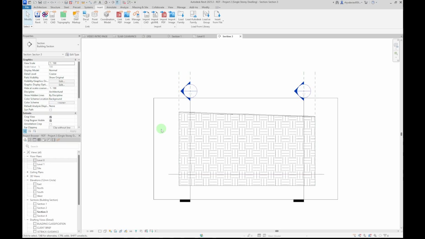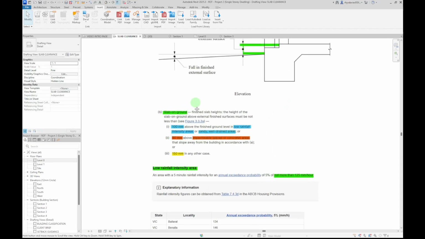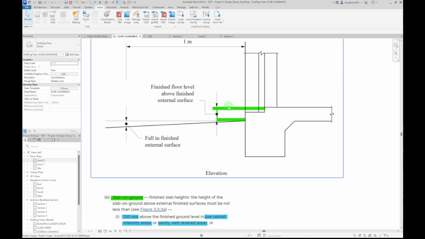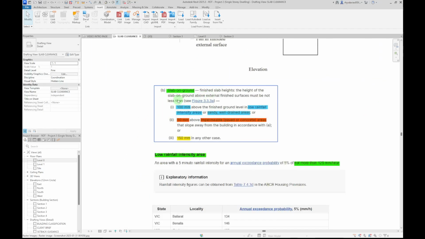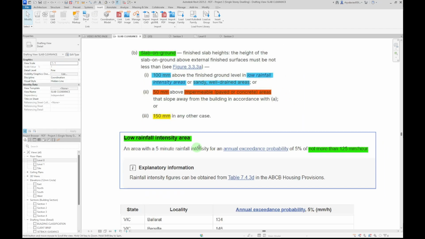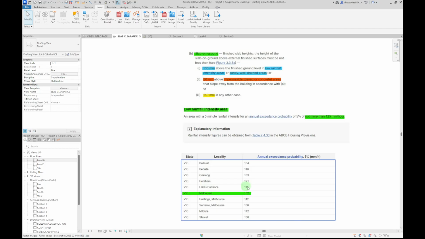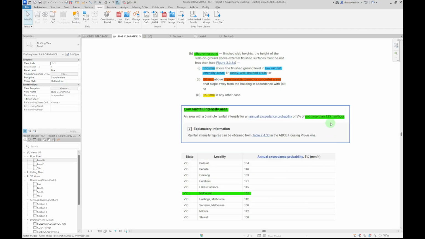Just a quick summary. We needed to find out what this minimum distance is for a slab on ground. We have determined that we do not have a low rainfall intensity area because Melbourne's annual exceedance probability is 132, and it needs to be less than 125.